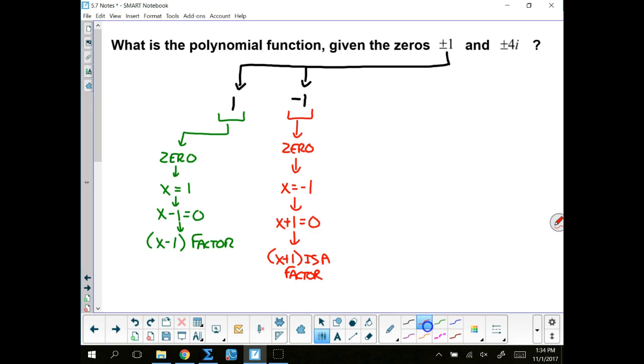Okay. Agree that those two split up into 4i and negative 4i. Okay.